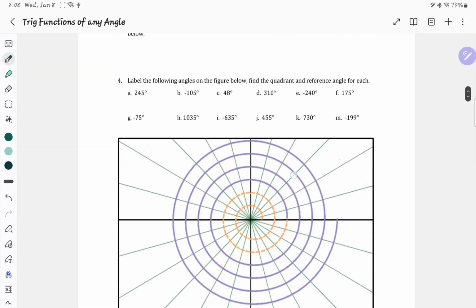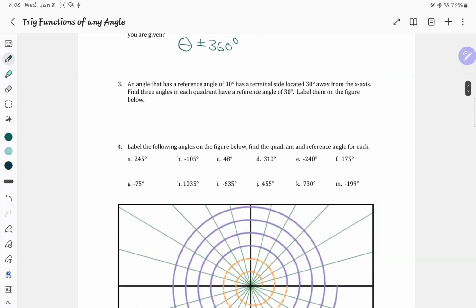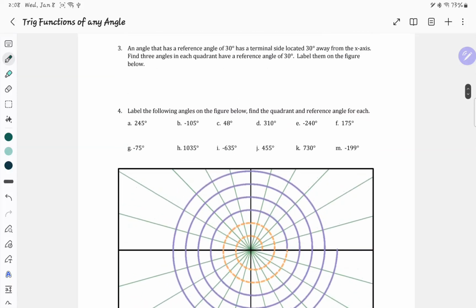So I'm going to come down here, we'll label those for number 3, and then I'll erase them, and maybe look at some of the stuff from number 4. An angle that has a reference angle of 30 degrees will be located 30 degrees away from the x-axis.